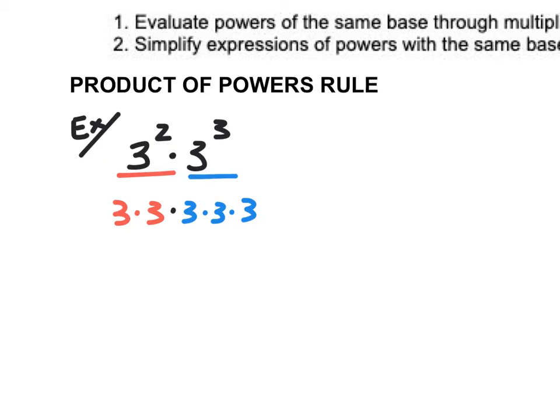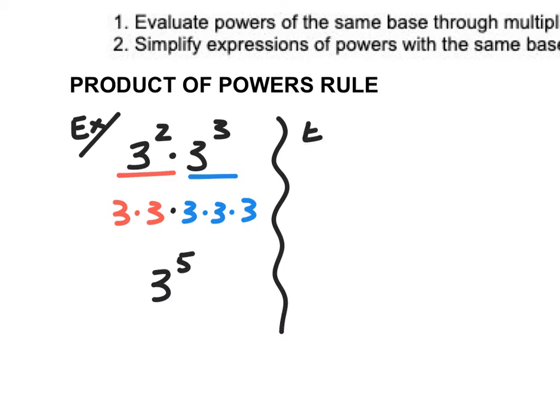So what I've done is just multiplying 3 squared times 3 cubed. When I expand all that out, I'm multiplying 3 by itself 5 times. And then I can write this as 3 to the 5th power. So let's look at that, and let's do another one.